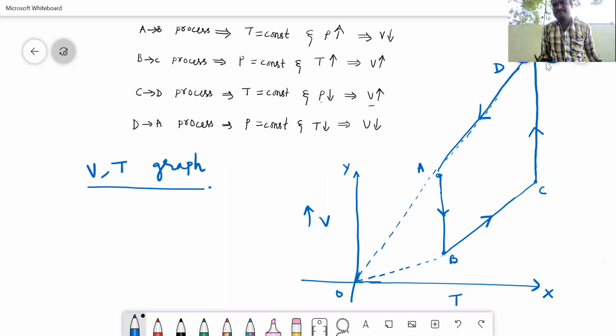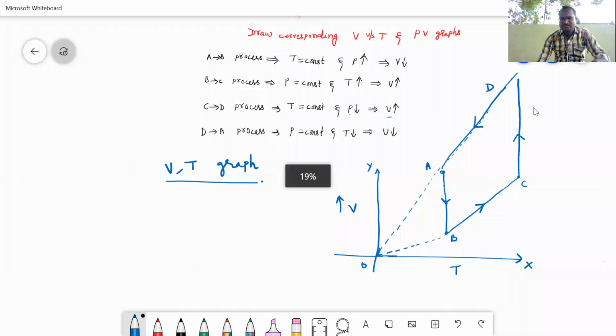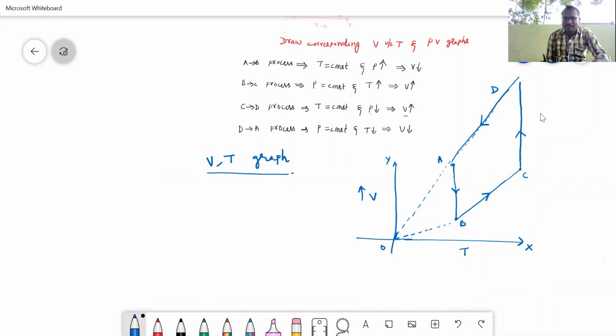Somewhere else here D is there. Otherwise, I'll make it very clear for you. Yes. Clear? So the VT graph should appear like this.